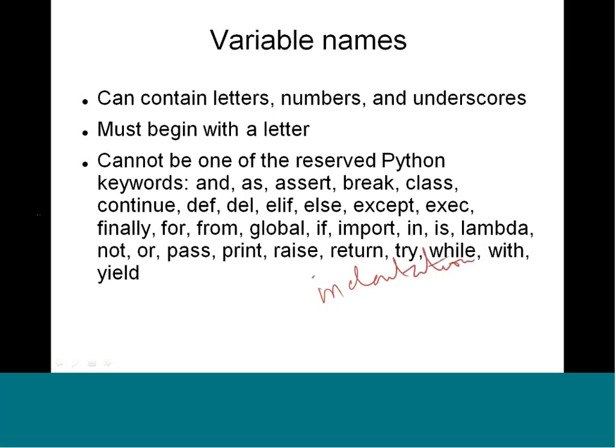So if you say if something true, then print, then we say else, then another print. It knows the different levels of hierarchy through the indentation. So it is very important to indent your lines so that it doesn't give any error.